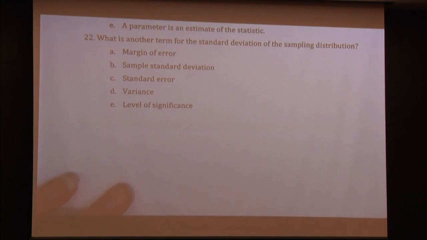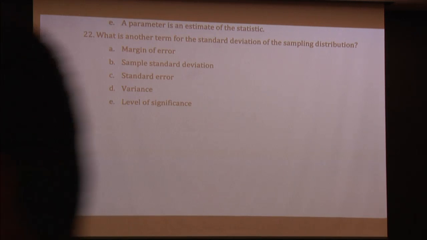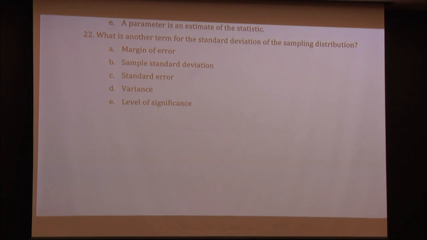This is another term question. So we have a value that's the standard deviation of the sampling distribution. So moving on to sampling distributions right now. What's another term that probably is less of a mouthful that you may see written more often?